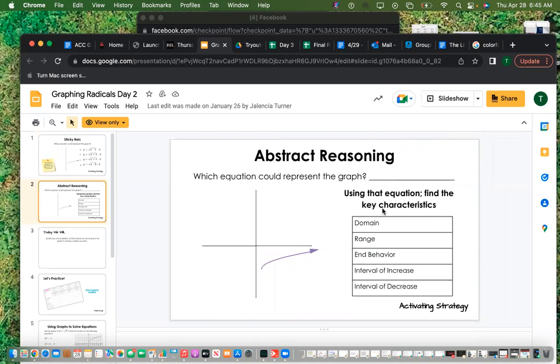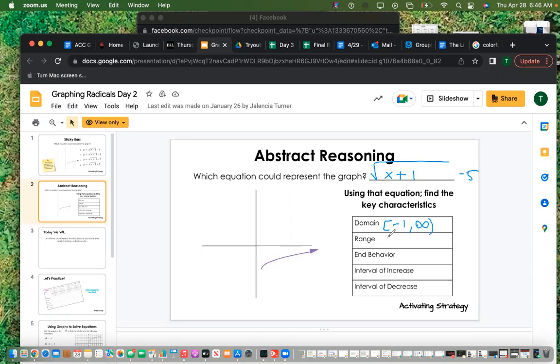Use the equation to find the key characteristics. The domain, and we use C, so it's the square root of x plus 1, minus 5. Our domain is going to start at -1 and go to positive infinity.